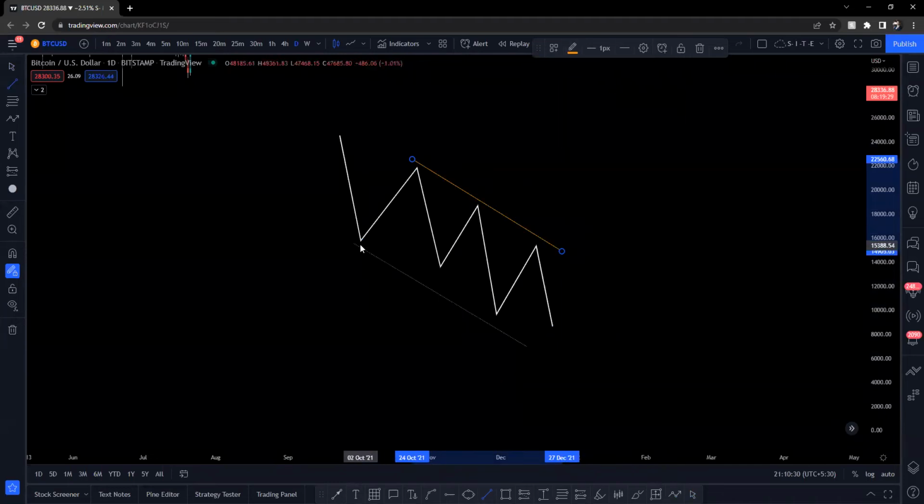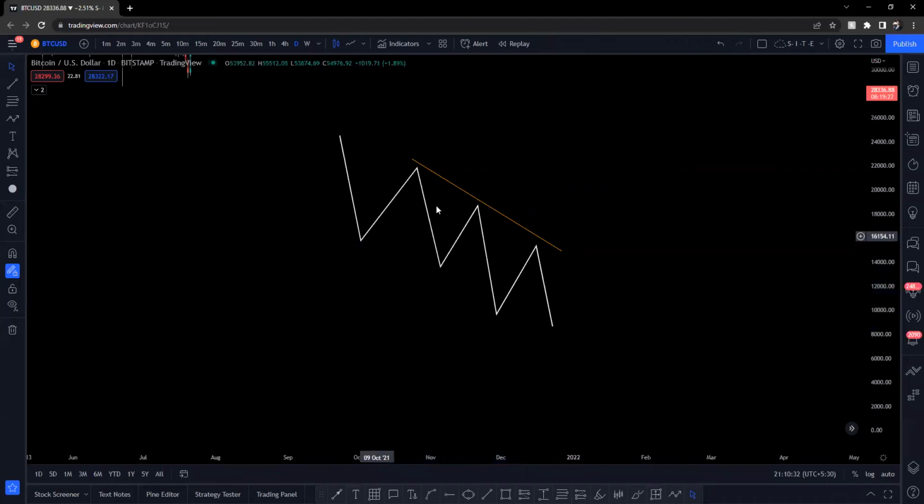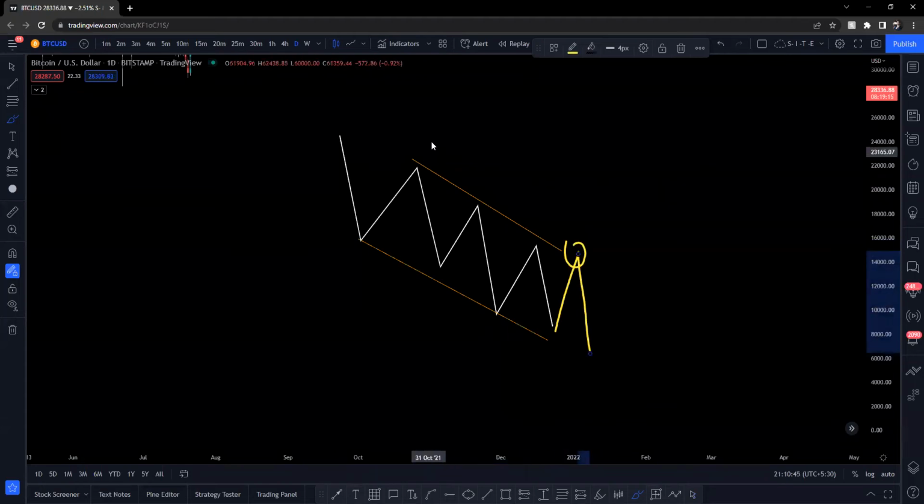This is the general theory. After this high is broken, everyone tries to buy higher, and once price taps this trend line, everyone looks to sell because this trend line acts like a resistance in terms of retail theory.